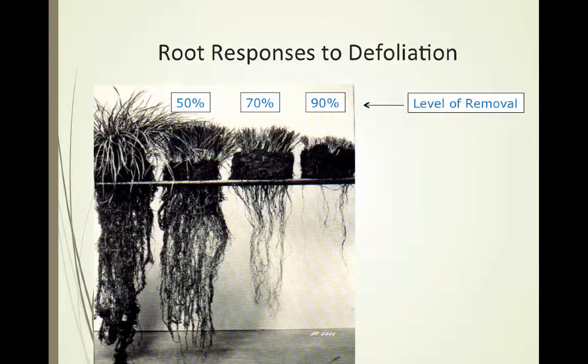So if you notice here that if we graze over time and take up to 50% of the plant material, our roots really aren't very effective. But once you get to that 65, 70 mark, and then even 90, the roots just go away. And so the plant is eventually going to die if you continue to graze this way.